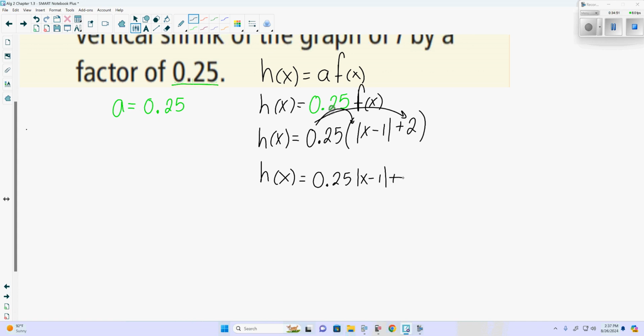Since they're both positive, it's going to say plus. But now we need to do 2 times 0.25, which is 0.5. You got 2 quarters. Makes 50 cents.